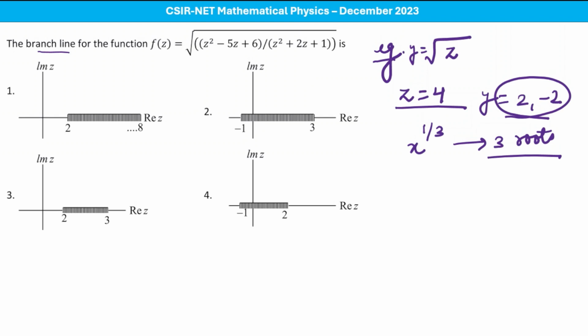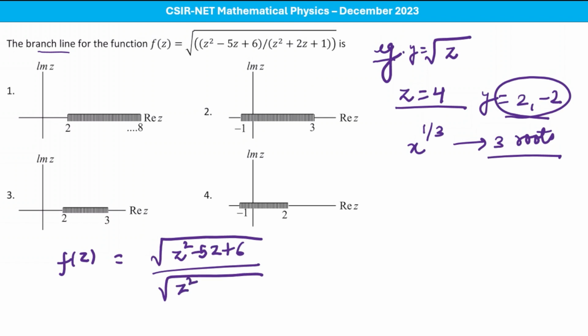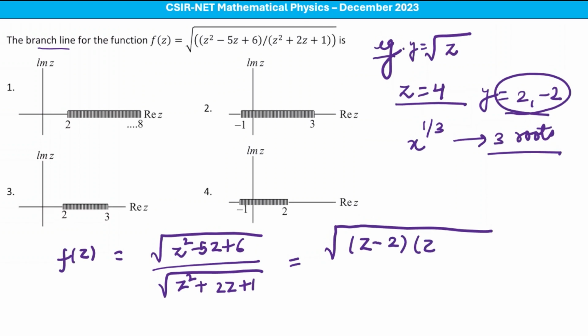Now coming back to the function which is given in the question, f of z is equal to under root z square minus 5z plus 6 and under root z square plus 2z plus 1. Now look carefully. Can you write it in the form z minus 2 and z minus 3?